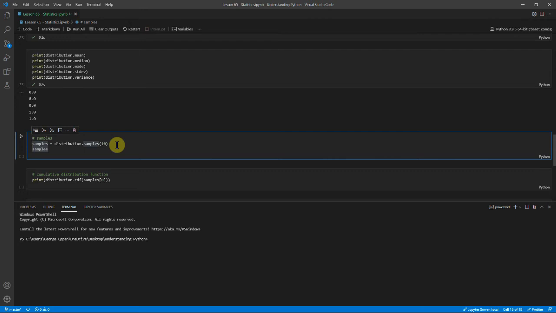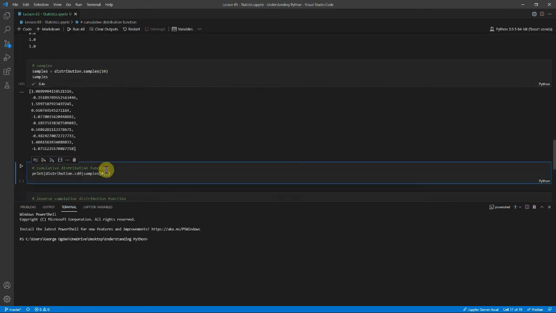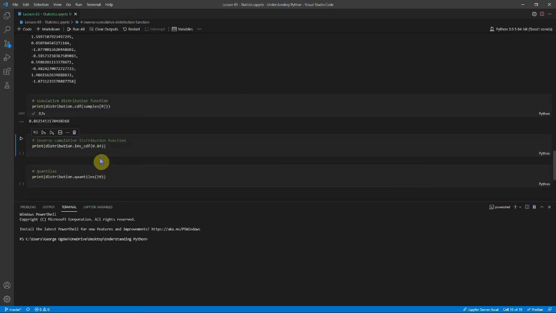We can actually then create 10 samples from our data. So you can see these are 10 things generated randomly from our normal distribution. And you can see most of them are between 0 and 1. This is obviously the largest one. And we can also calculate the cumulative distribution function of sample 0.